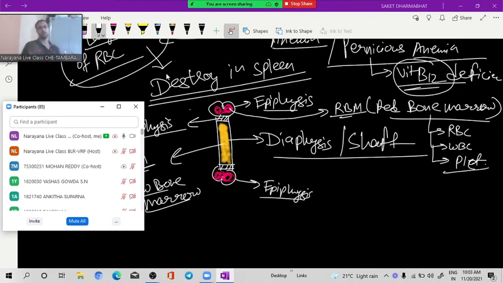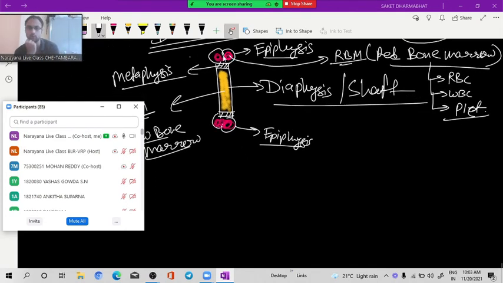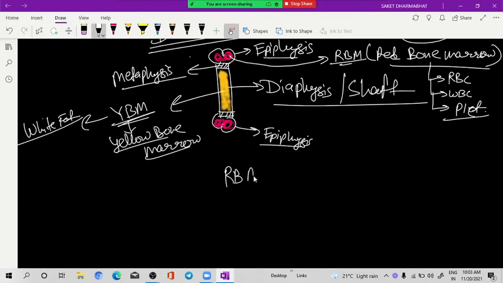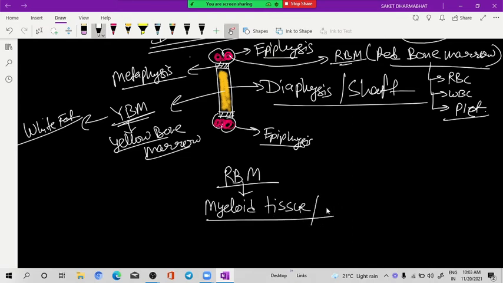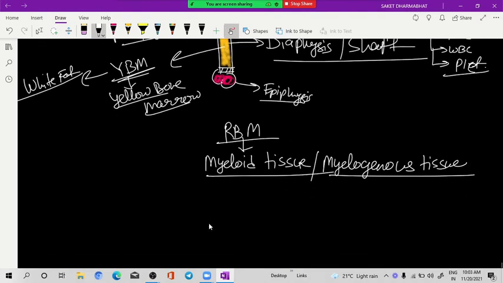Now let's see how RBCs are produced by this red bone marrow. See, first of all, red bone marrow consists of one tissue. The name of that tissue is called myeloid tissue. Myeloid tissue is also called myelogenous tissue.